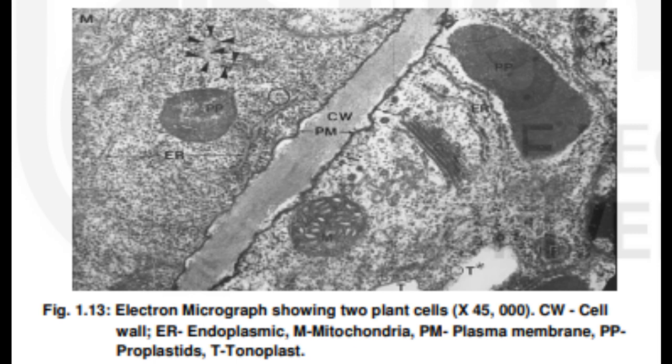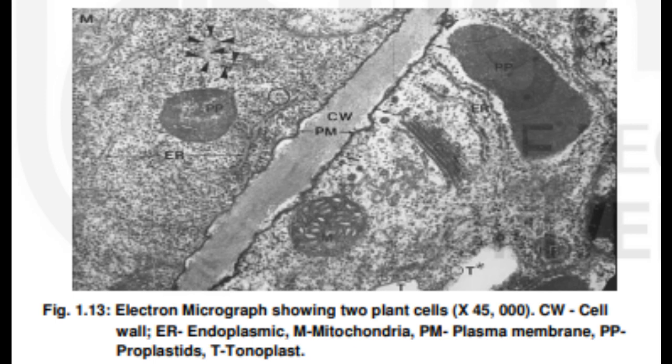TEM shows enhanced resolution, but the electron beam used is very weak and passes an appreciable distance through air, therefore high vacuum is required inside the internal chamber of the electron microscope. The photographs of cells taken using an electron microscope are called electron micrographs.